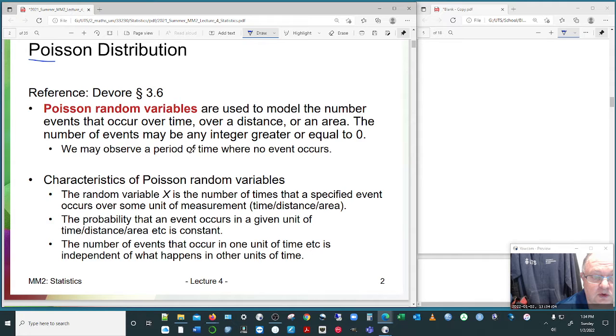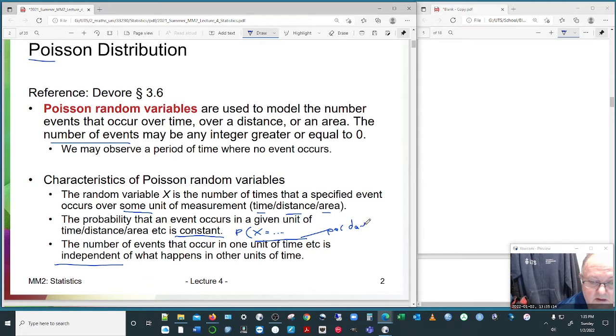The unit of time could be per day, per hour, per some other measure.